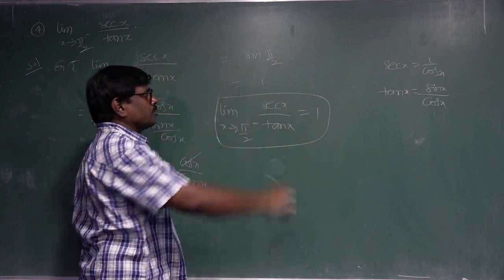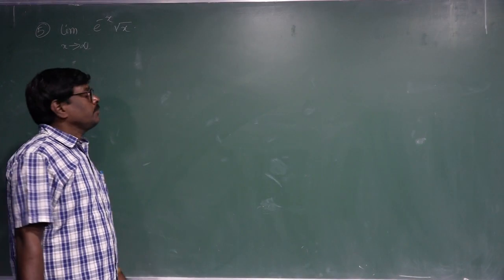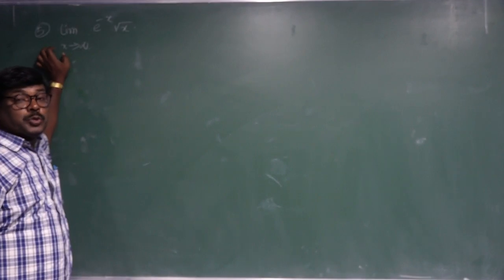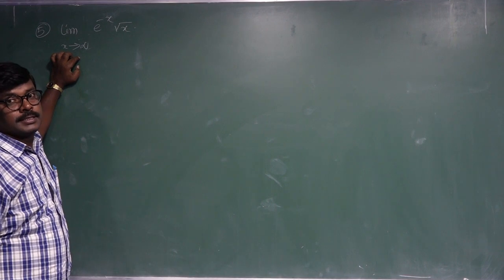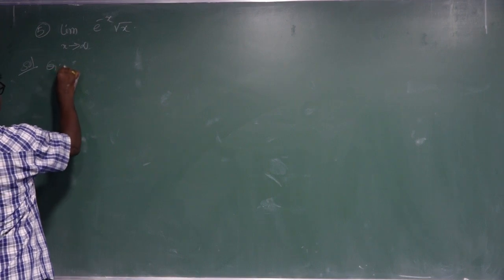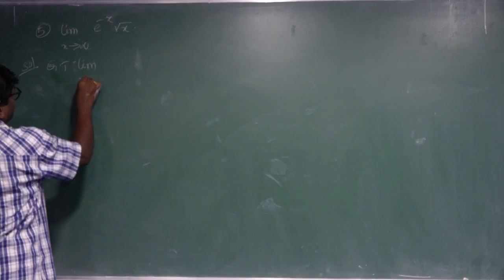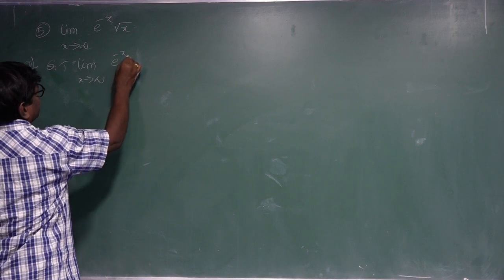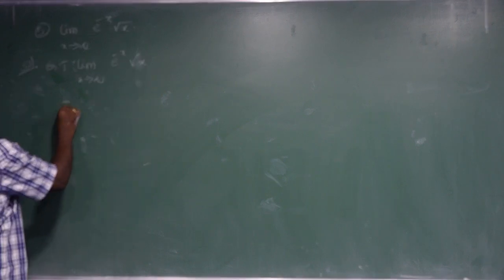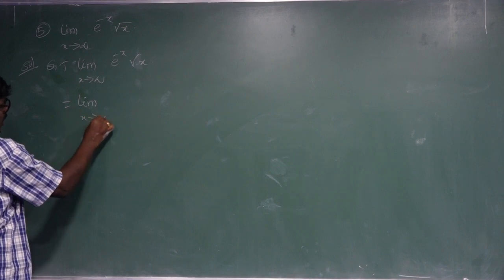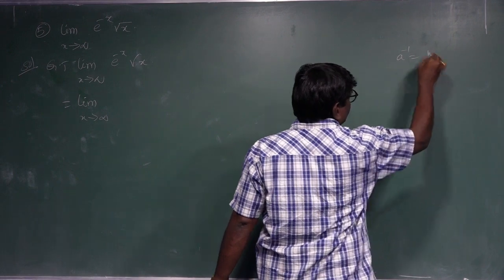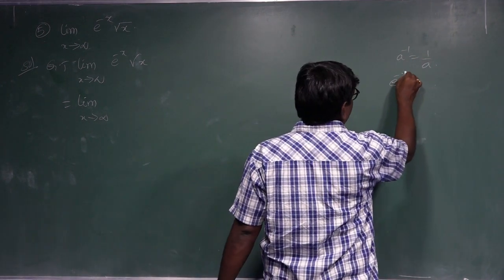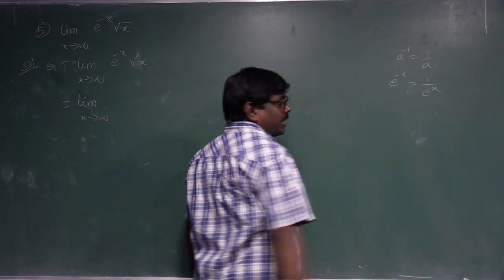This is the solution. Dear students, the fifth problem: limit as x tends to infinity of e^(−x) √x. We use a^(−1) = 1/a, so e^(−x) equals 1/e^x. Any doubts?